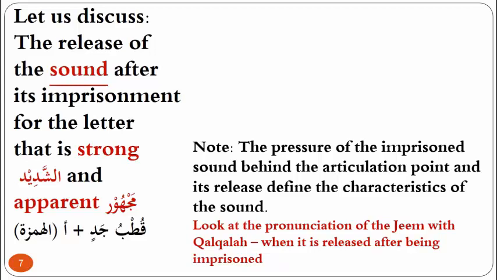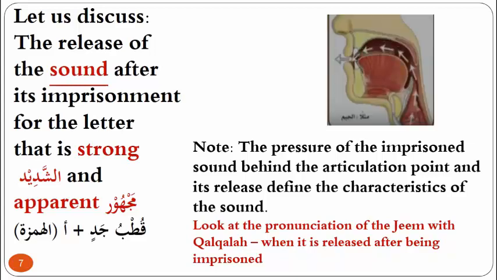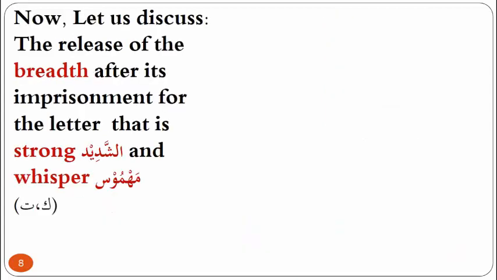That's why we can say it's qalqala. Look at the pronunciation of the jim with qalqala when it is released after being imprisoned. Look and observe. Pay attention to the sound. J, j, j.